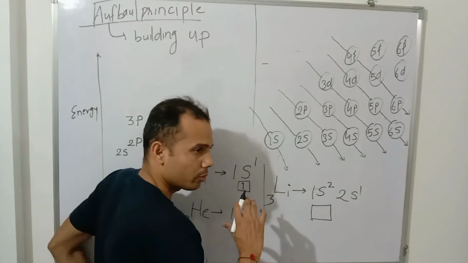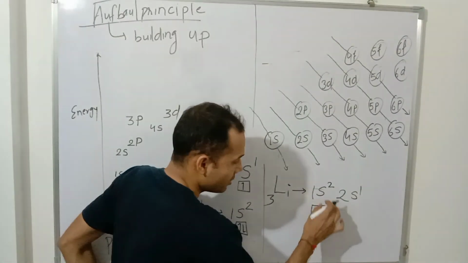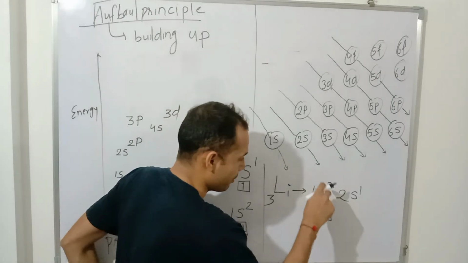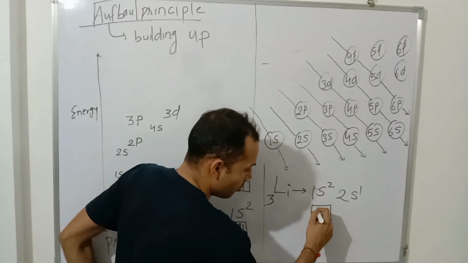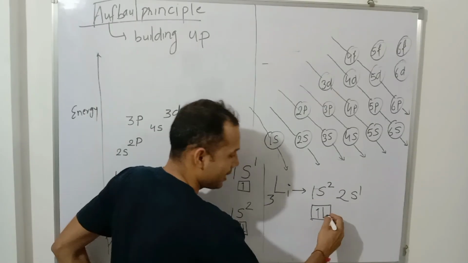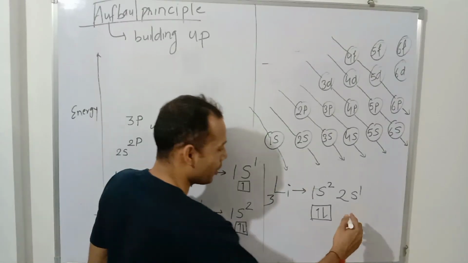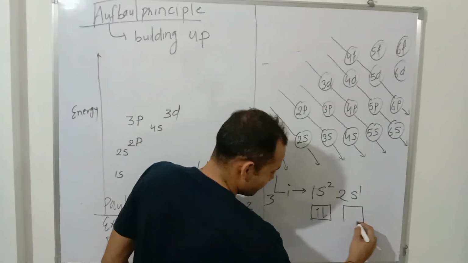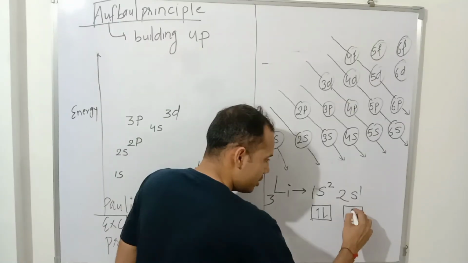So 2 plus 1, 3. For the s orbital you can put one box, only one direction. This box indicates that orbital, and there are 2 electrons, one clockwise and the other anti-clockwise. Now you can move to 2s1.